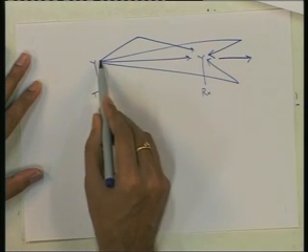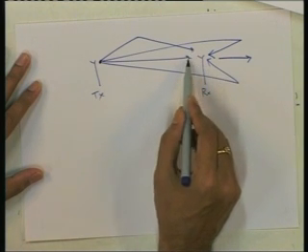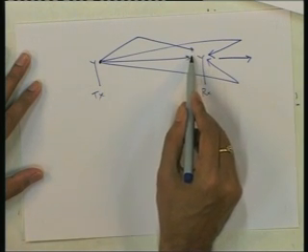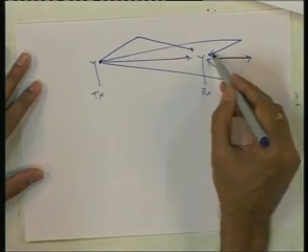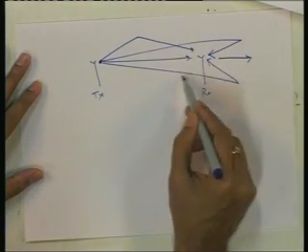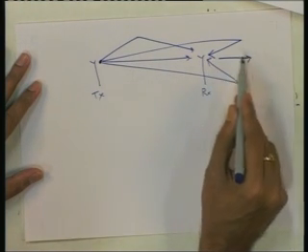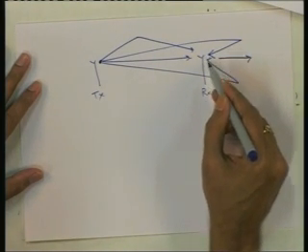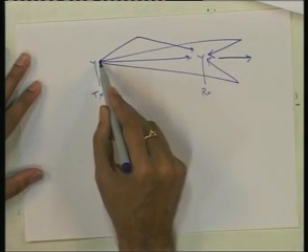Suppose we are transmitting a sinusoidal signal from here. The signal received from these 2 paths will have a smaller frequency than the transmitted frequency, and because these path lengths are decreasing as the receiver moves in this direction, the signal received through these paths will have a higher frequency than the transmitted frequency.